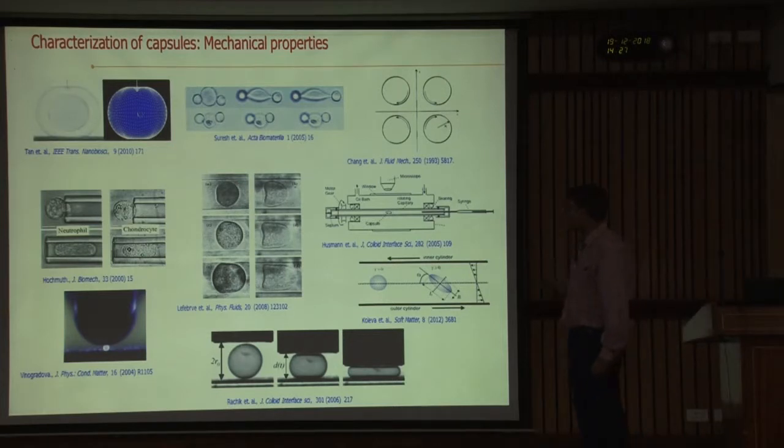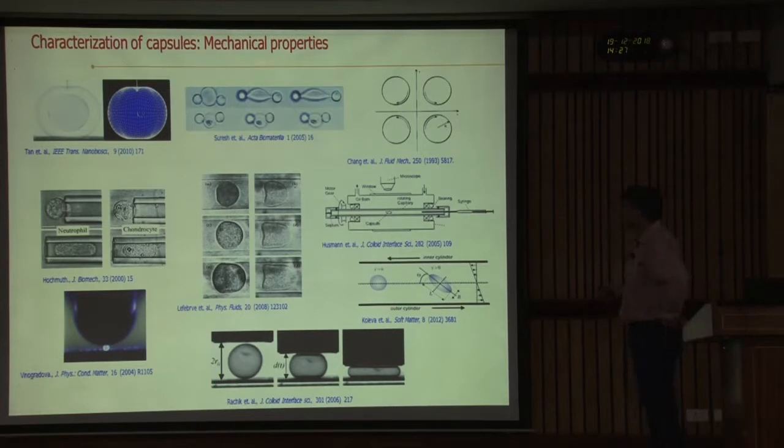For example, in the last couple of years, we've tried to develop this method of characterizing the membrane properties using electric fields. And there are several methods available in the literature to determine the surface elasticity, for example. But the methods which are gaining popularity are, for example, looking at the deformation of a microcapsule through a capillary, and then coming up with analytical or numerical calculations to describe these shapes and then back out the elasticity.